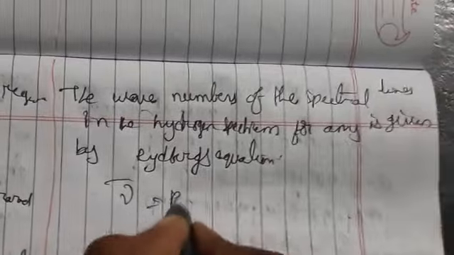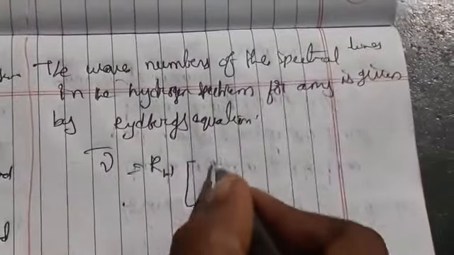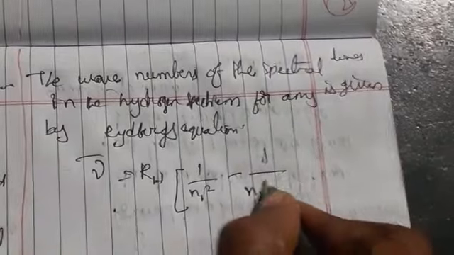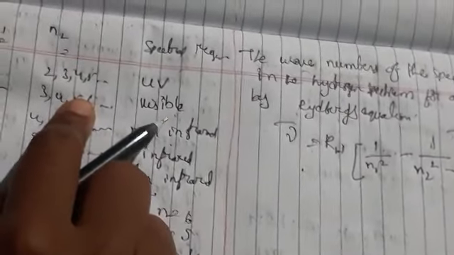The Rydberg equation is nothing but: mu bar is equal to R_H, where R_H indicates the Rydberg constant for the hydrogen spectrum, times 1 by n1 square minus 1 by n2 square. Where n1 is equal to 1, n2 can be 2, 3, 4 like that.